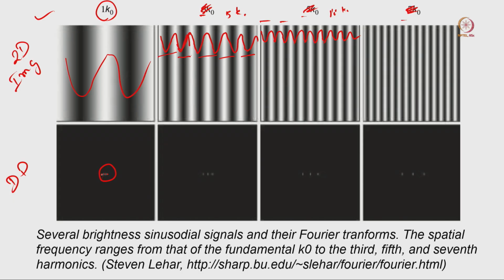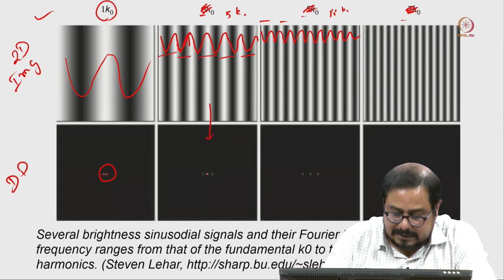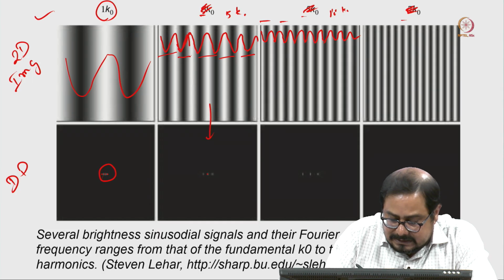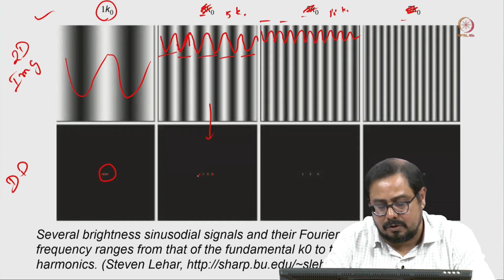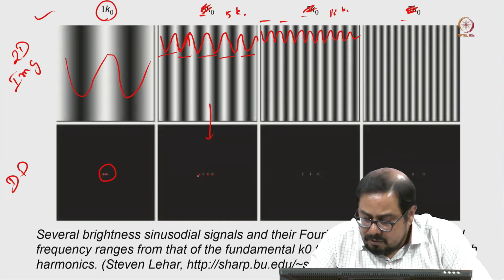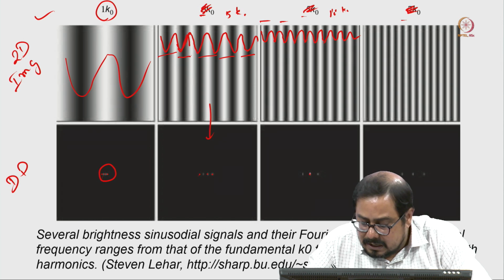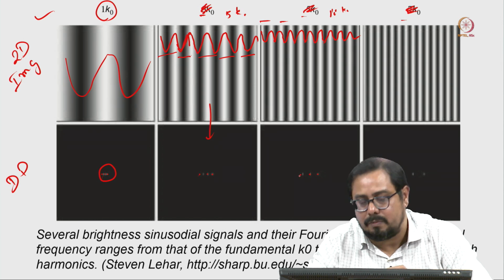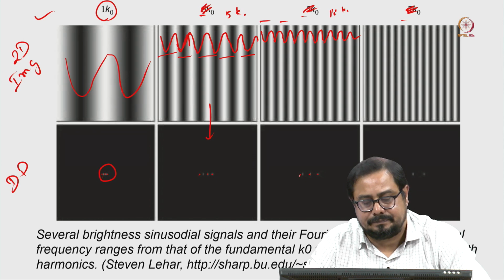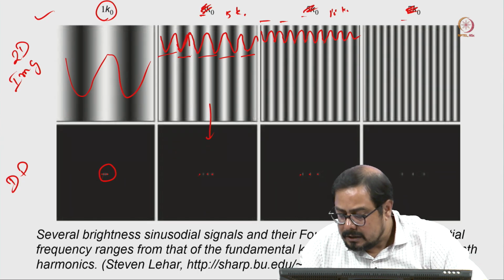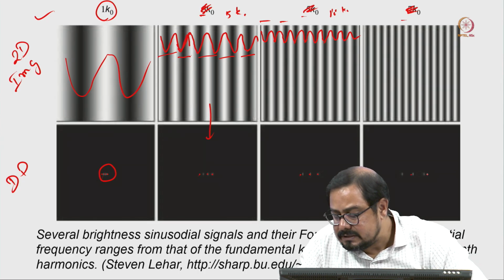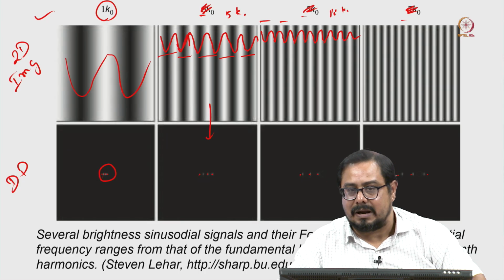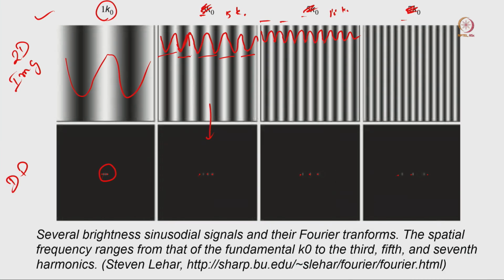Now if you convert this one also, you can see one bright spot at the center, and then on the x axis you will get two other bright spots. Now if you look at this one, you can see two other bright spots here, and so on. So, based on the frequency, those spots go far away from the center.